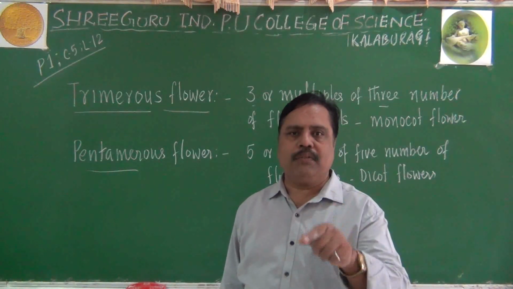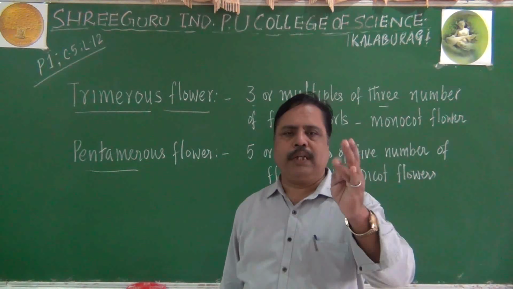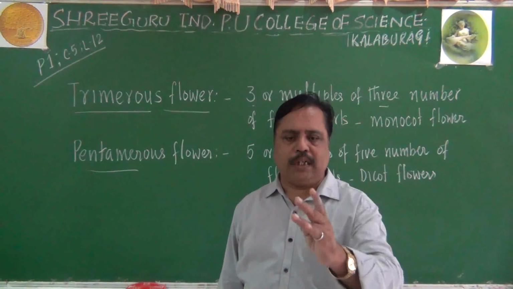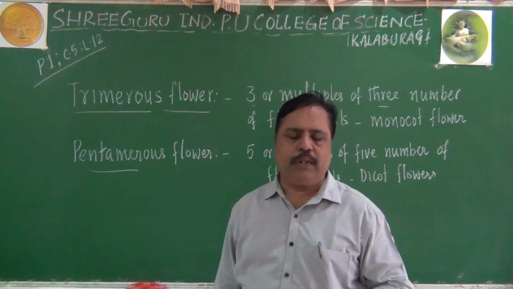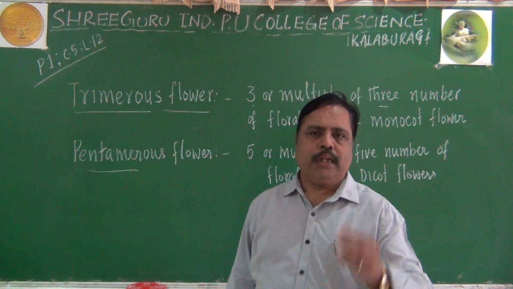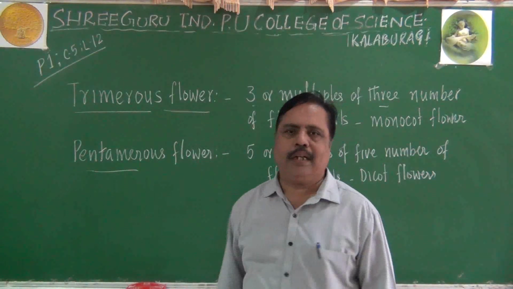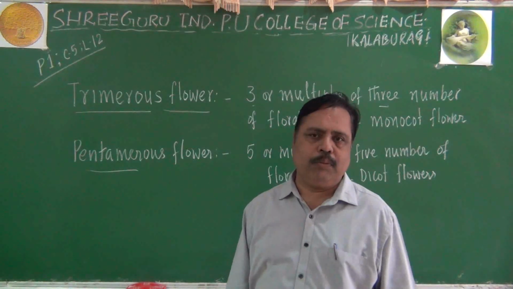Unit of perianth will be called as what? Tepals. Sepal is the unit of calyx, petal is the unit of corolla, tepal is the unit of perianth. In perianth also, number of tepals may be usually trimerous, that means 3 or multiples of 3.